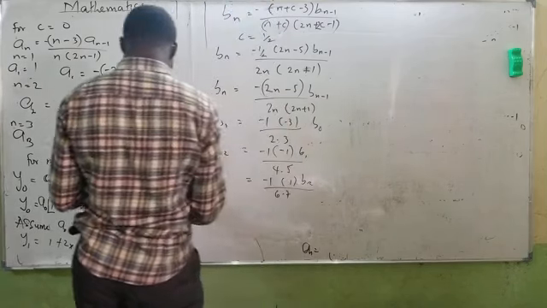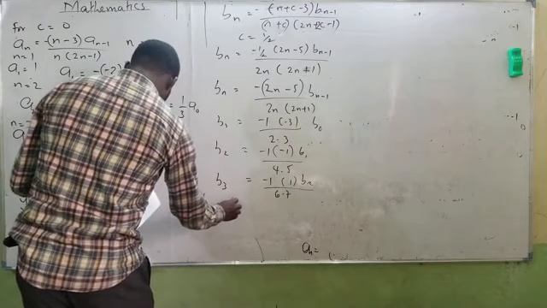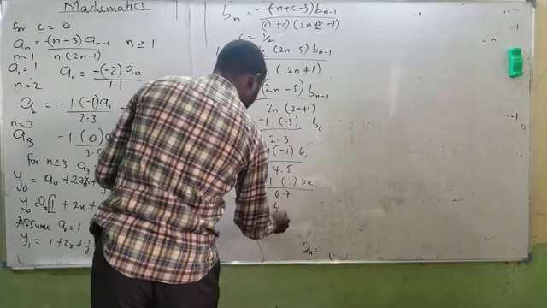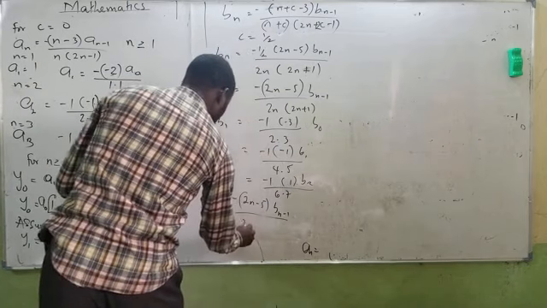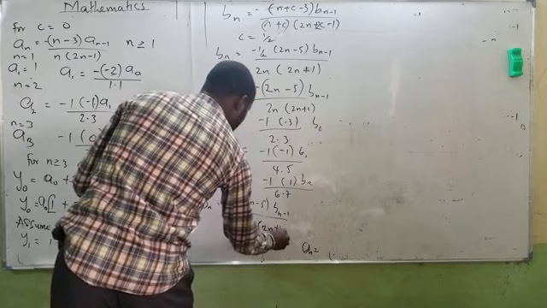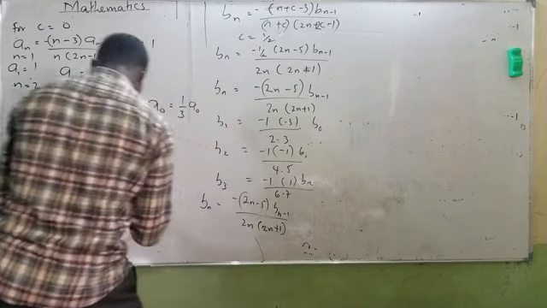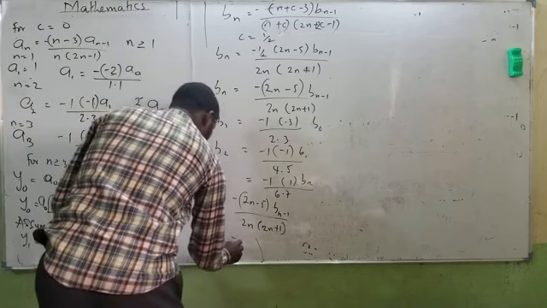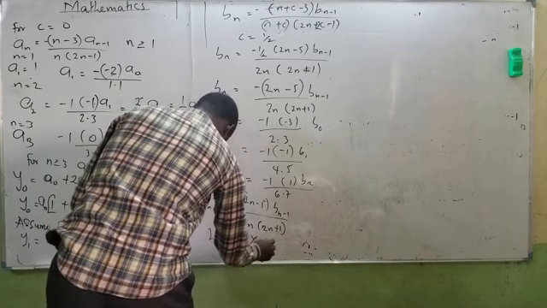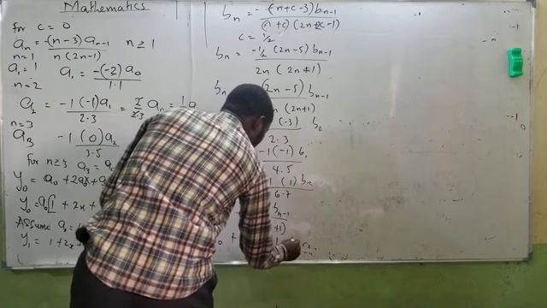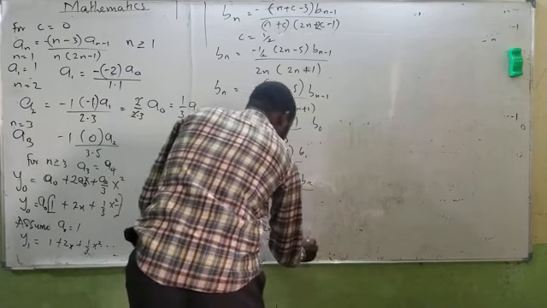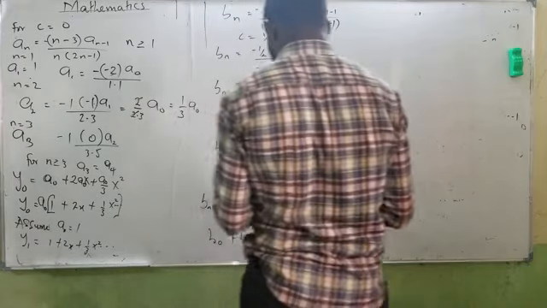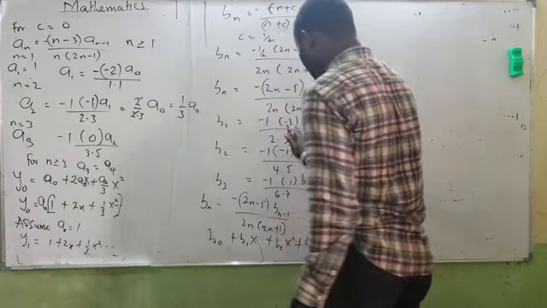6.7. Now it means my b of n will be equal to minus 2 of n 5, b of n minus 1 divided by what? 2n bracket of 2n plus 1. Now it means indirectly I'll be having my b naught, which is going to be plus b1 of x plus b2 of x squared plus b3 x cubed and so on and so forth. Now since I have that, I can say everything carries b naught.